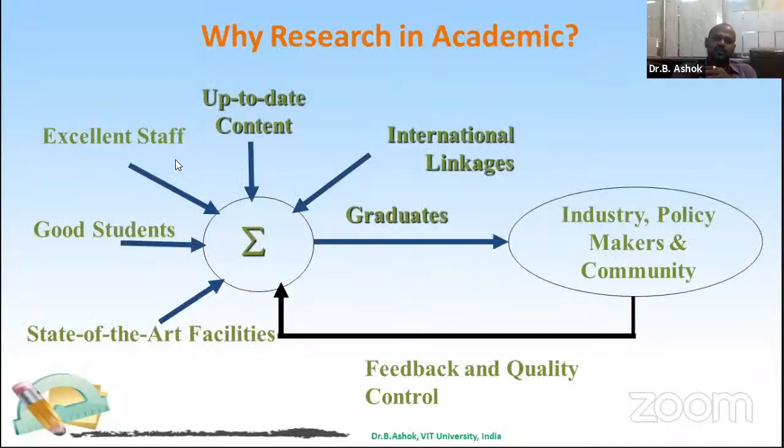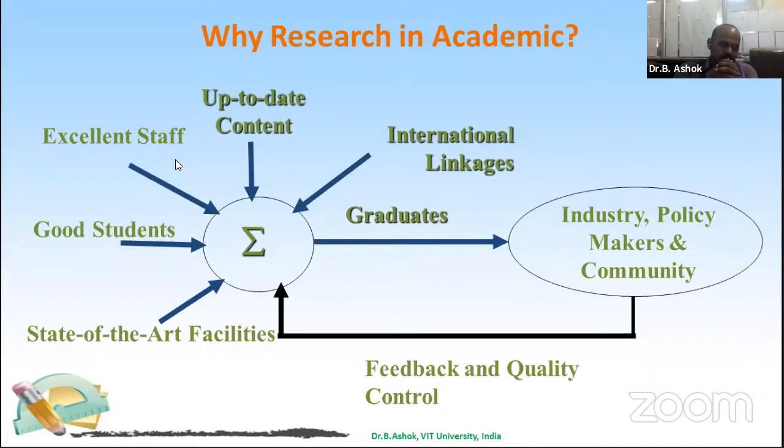Why do we need to do research in academics mainly? To fill the gap between industry and academia. Any product development or final usage of technologies will finally be done by industries, so we are preparing well-equipped manpower for the industries.